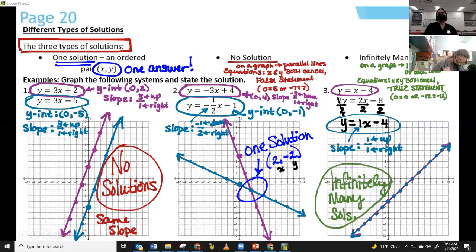That means that they have an infinite number of points in common. They touch each other in an infinite number of points. They share all of them.